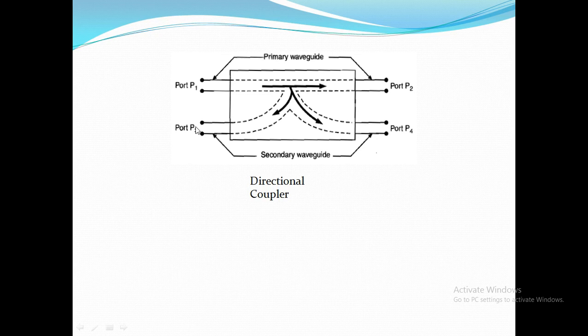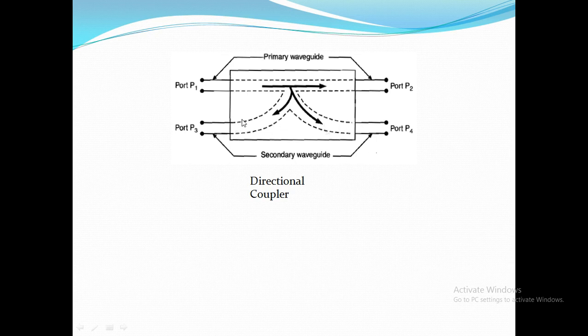A portion of the wave traveling from port 1 to port 2 is coupled to port 4, but not to port 3. Next, a portion of the wave traveling from port 2 to port 1 is coupled to port 3 but not to port 4.